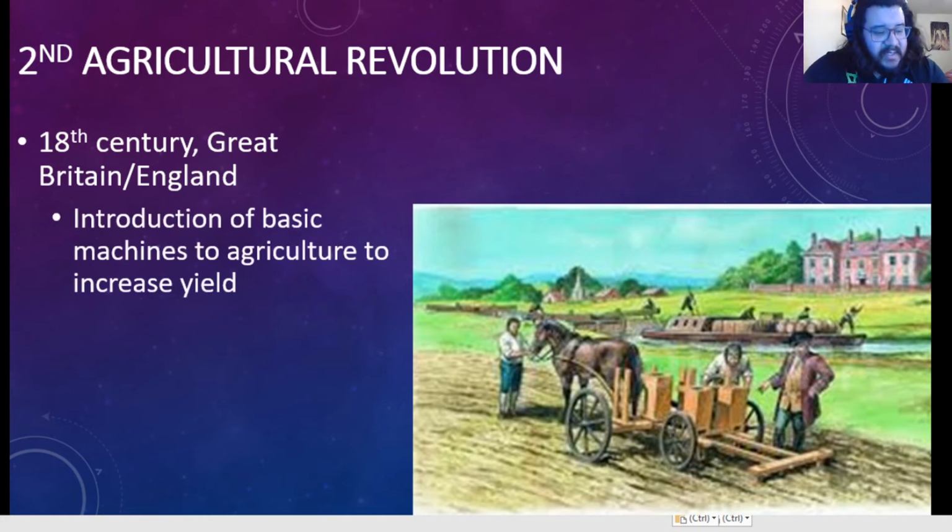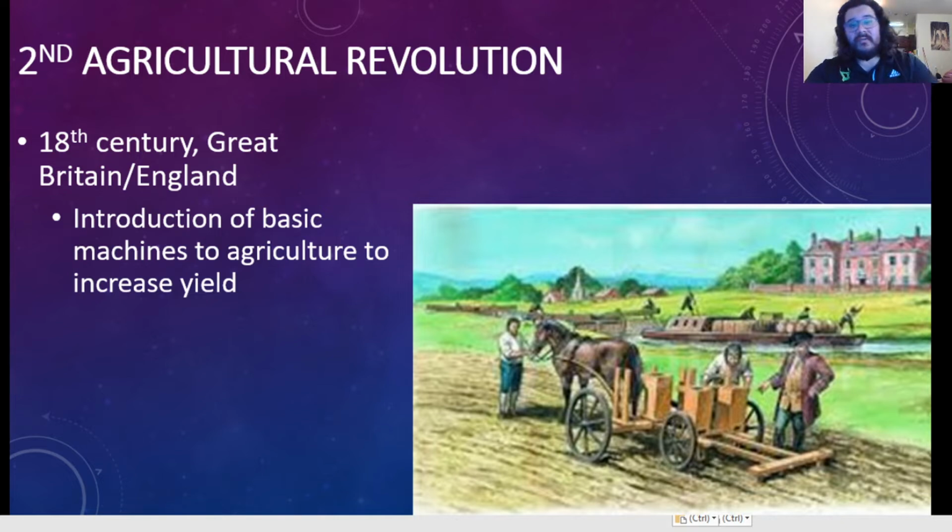Now, we introduce these basic machines, like we can see here with the plow, right, that we can attach to a horse. And we see this transition now, this fundamental change in agriculture, where beforehand we're looking at completely manual labor, and we're looking at development of agriculture as it had been for the last thousands of years. And now we're fundamentally changing the way that agriculture works.